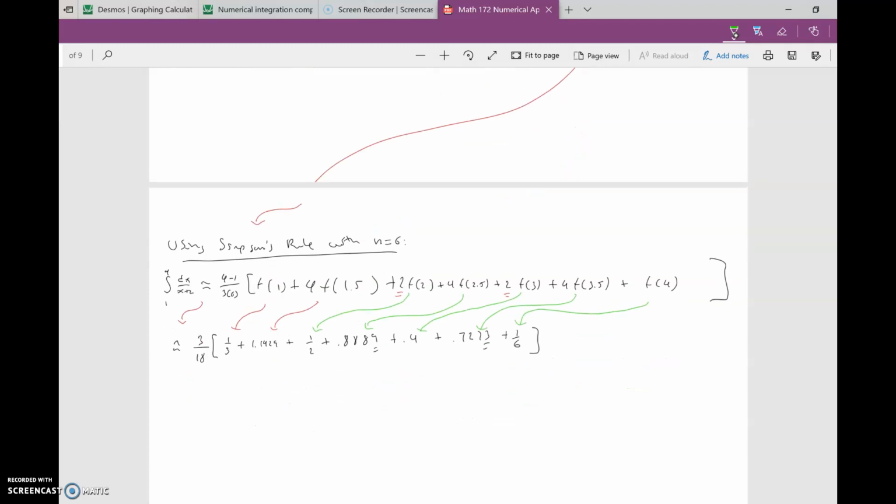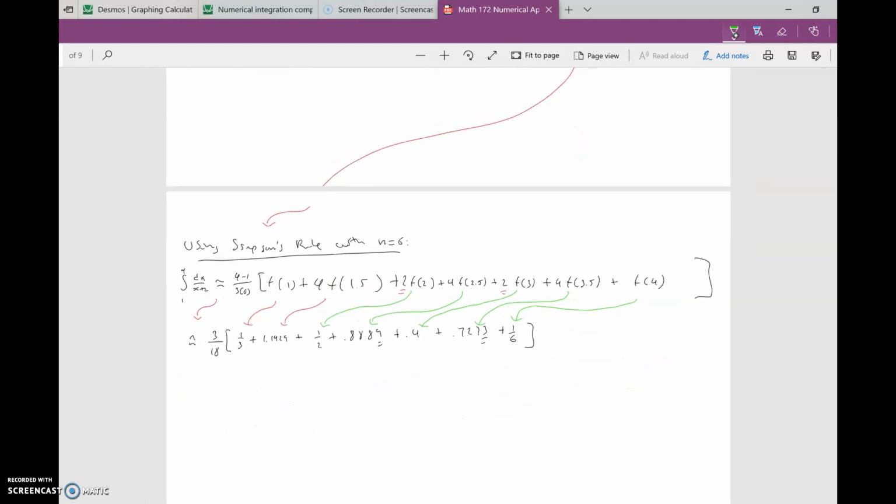Okay, at this point, I'm going to evaluate the entire mess. I do want to see what you're plugging in. So I do want to see at least the decimal approximations that you're calculating. And give me just a second. Let me plug this in.